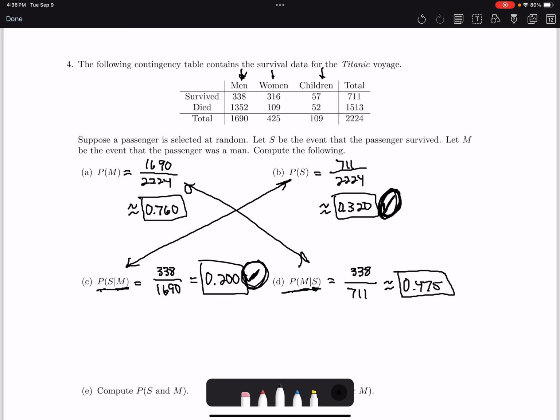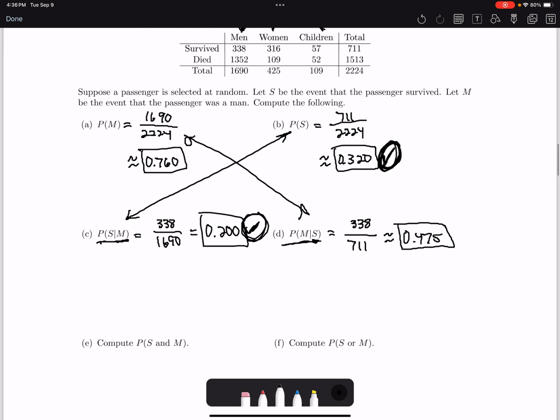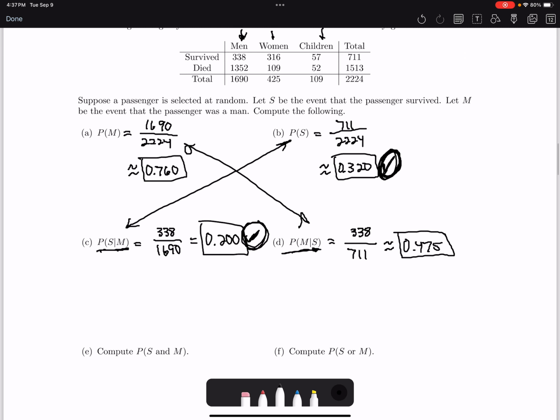Okay, let's take a look at a couple more. Compute the probability of S and M. So we want the probability that the individual survived and was a man. Notice that this time we're not given anything. We're not given that the individual belongs to a certain category.